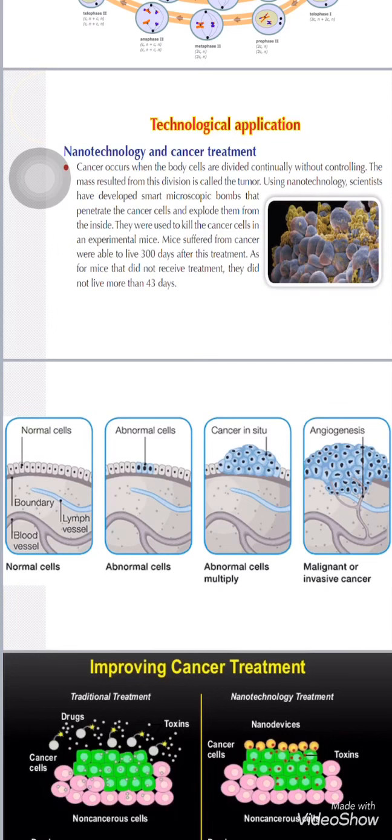Okay. Mitosis is for growth and compensation of damaged cells and for asexual reproduction, while meiosis is for the formation of gametes for sexual reproduction. Okay, this is very, very important.